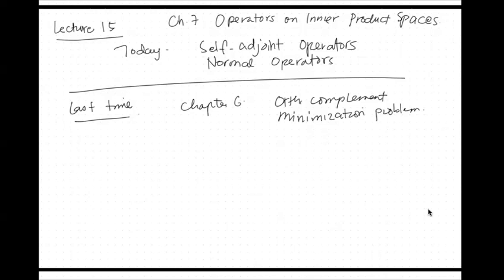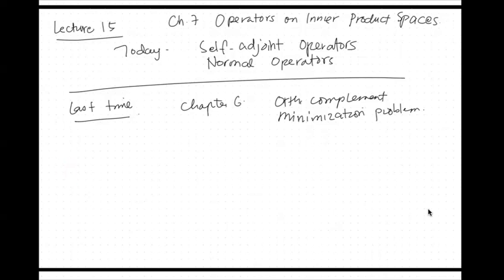So again, we have F. We will just work on either the field of complex numbers or the field of real numbers. And our V and W here will denote inner product spaces, which are finite dimensional.